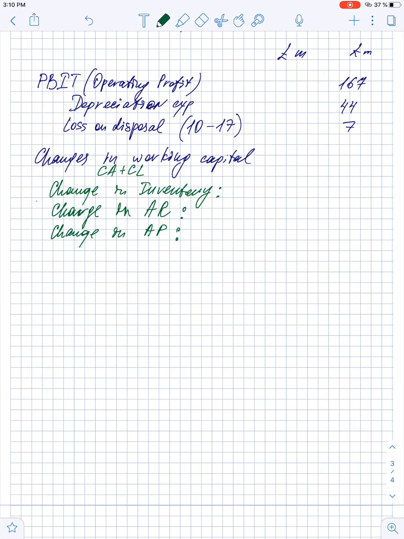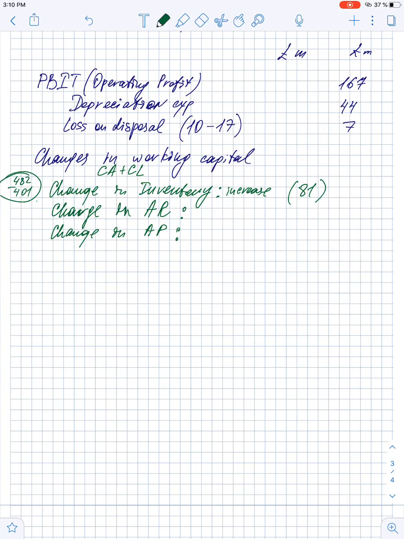So let's write it down here. Increased. That would affect cash with a minus sign, as a decrease in cash. And we can calculate it here. 482 less 401. That would be the calculation of change in inventory.